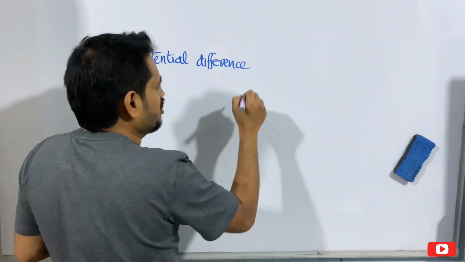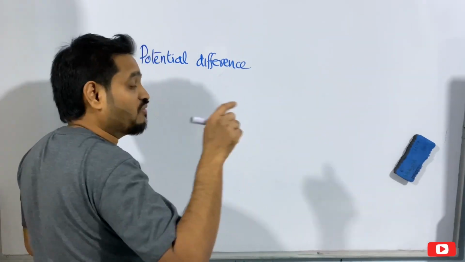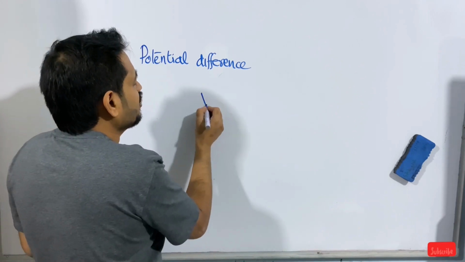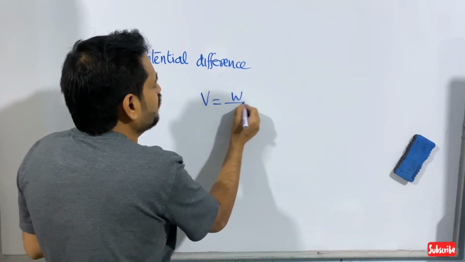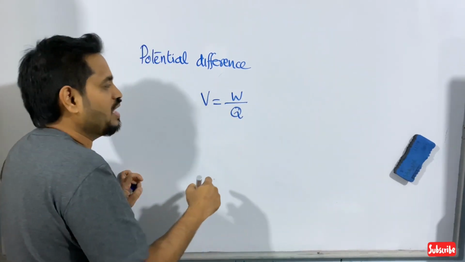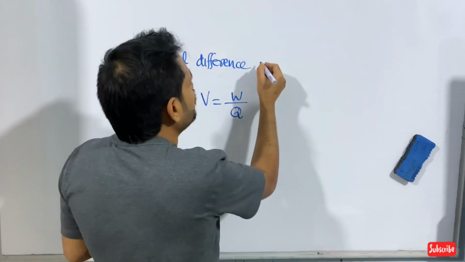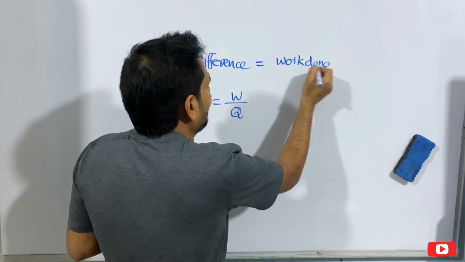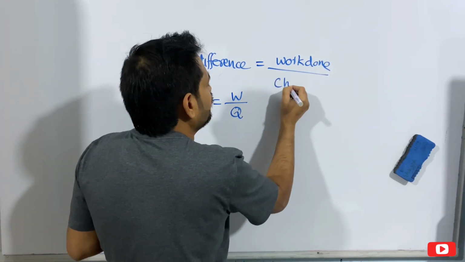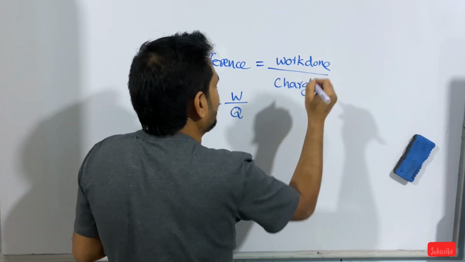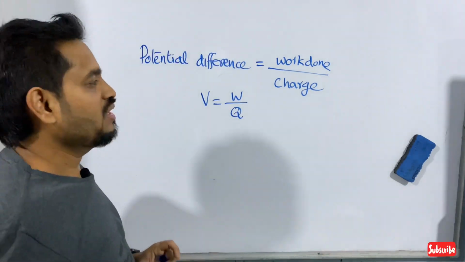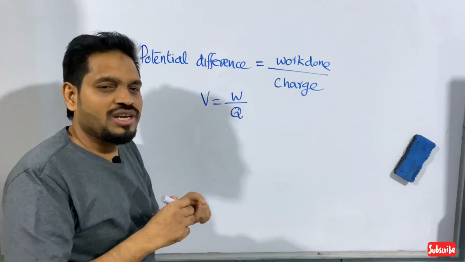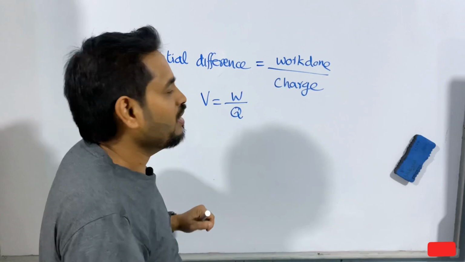You know the potential difference, if we take the formula, it says V equal to W divided by Q. Okay, so what is W? W is equal to work done, and Q is charge. Okay, so let's go ahead and make the definition of potential difference from the formula.